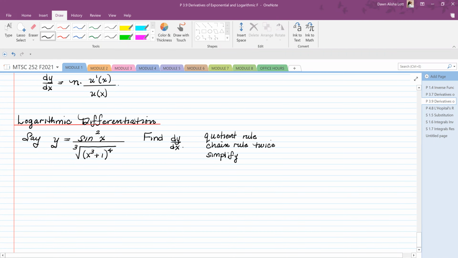Pretty hideous. So what we're going to do is what we call logarithmic differentiation. And here is the method. The first thing is we start with y is some function of x. So let's take the log of both sides.